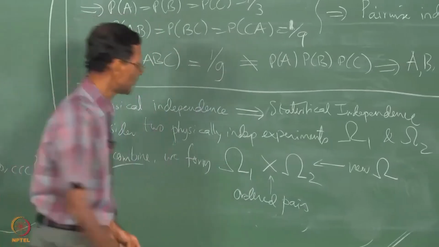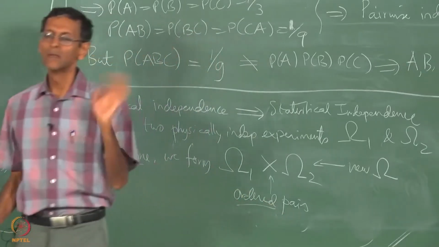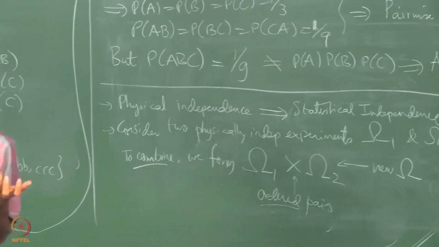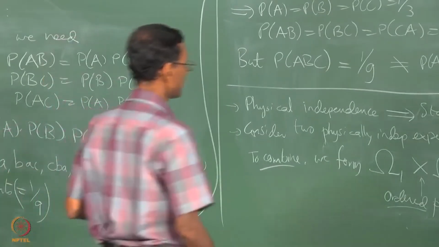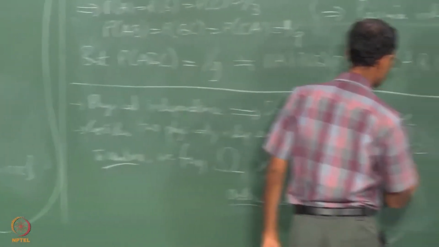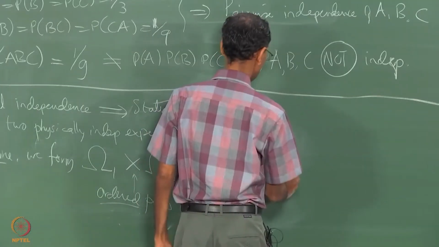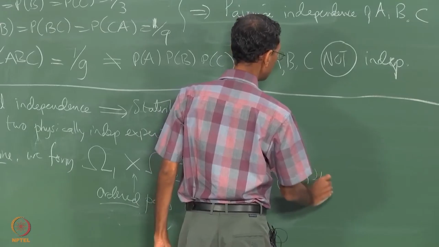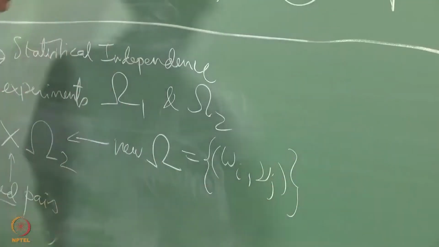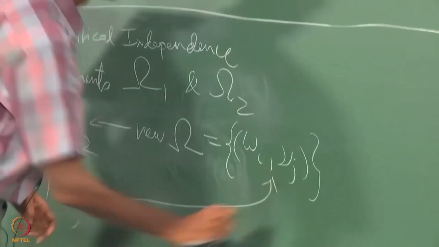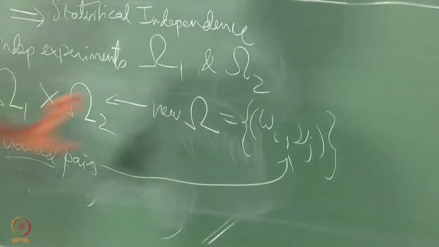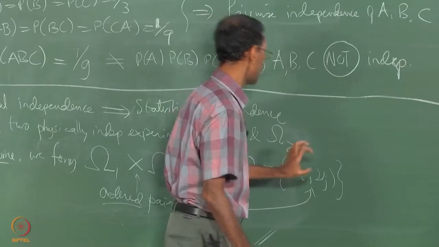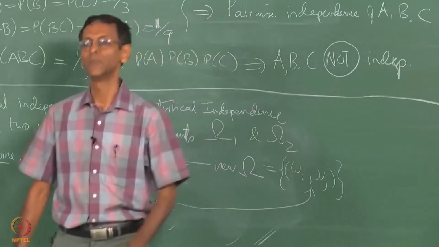This Cartesian product means ordered pairs. The ordering is very important. You can't change it; by convention you have to agree on that. So the new omega will be something of this form, ordered pairs omega_i, nu_j, where omega_i comes from capital omega 1 and nu_j comes from omega 2.